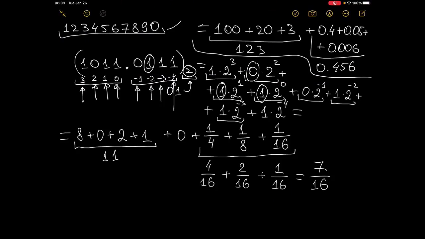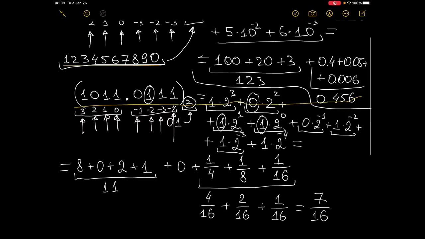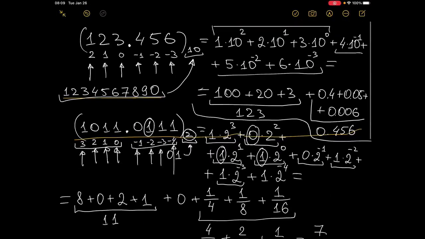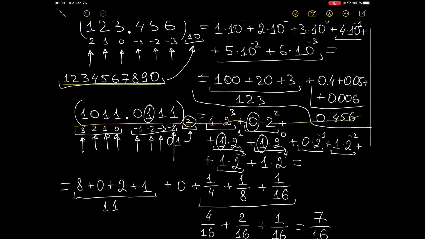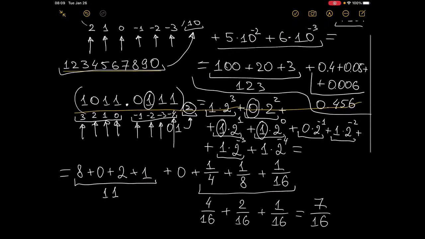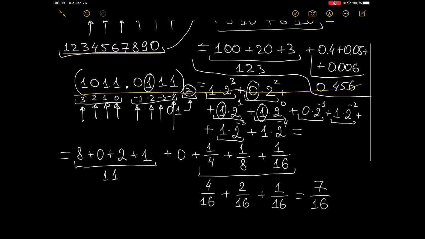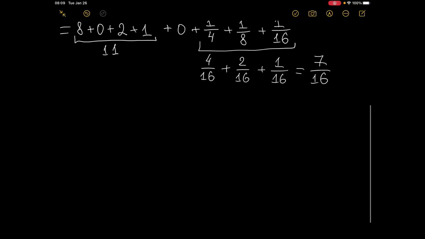Okay, so we used exactly this in order to convert numbers from decimal representation to binary representation. For example, let us consider the number 53.7 in decimal representation.